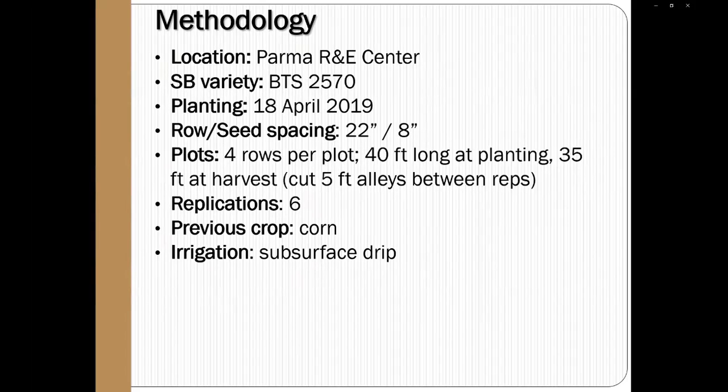We had 4 rows in each plot. The plots were 40 foot long at planting. Then they were trimmed prior to harvest. We had 6 replications for each treatment. The previous crop was corn, and the plots were irrigated with subsurface drip irrigation system.